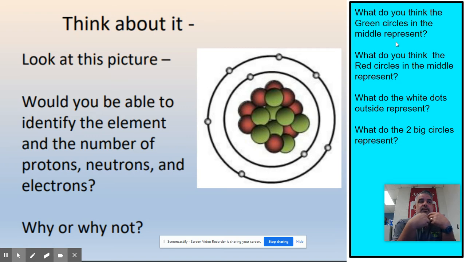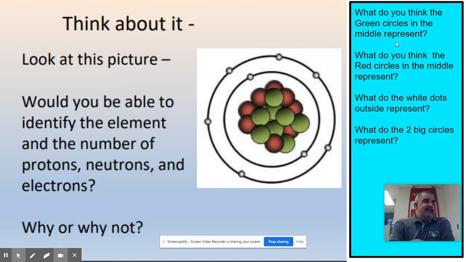So the dots on the outside have to represent probably the electrons, because electrons exist outside of the nucleus, okay? And then the two big circles there in the picture represent energy levels, okay? And we haven't really talked much about energy levels yet, but we will, okay? Energy levels are places in the electron cloud outside of the nucleus where electrons can exist, okay?